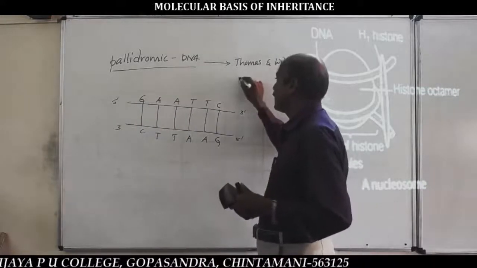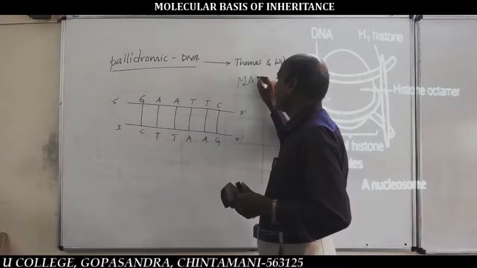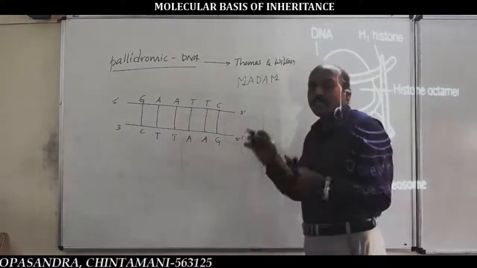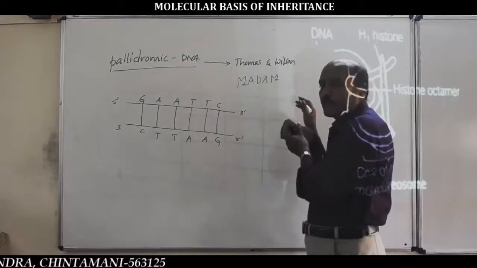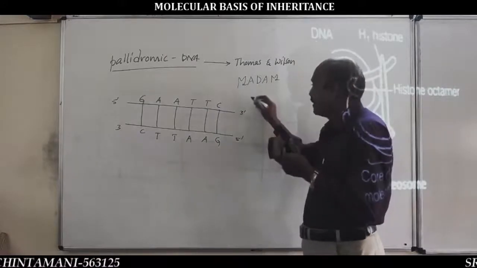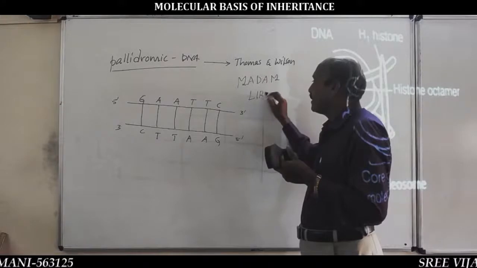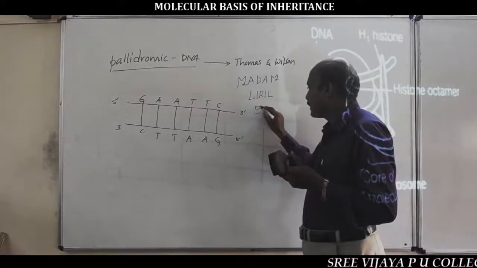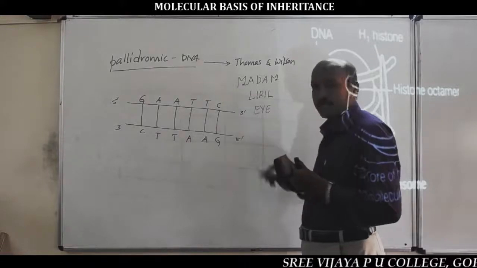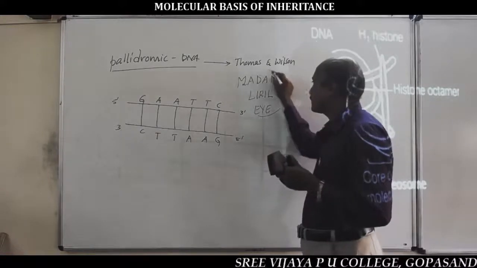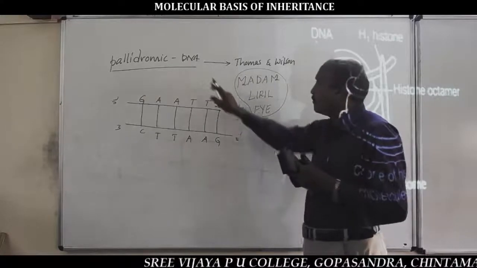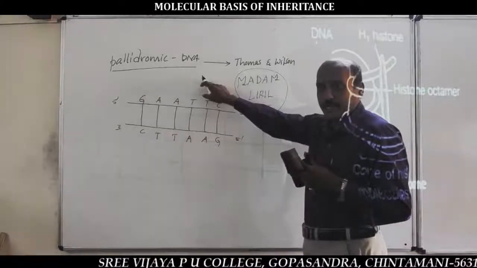Like madam, M-A-D-A-M, same pronunciation in both forward and backward direction. Level, L-E-V-E-L. Eye, E-Y-E. See, these are all simple examples to make the meaning of palindromic DNA easy to understand.